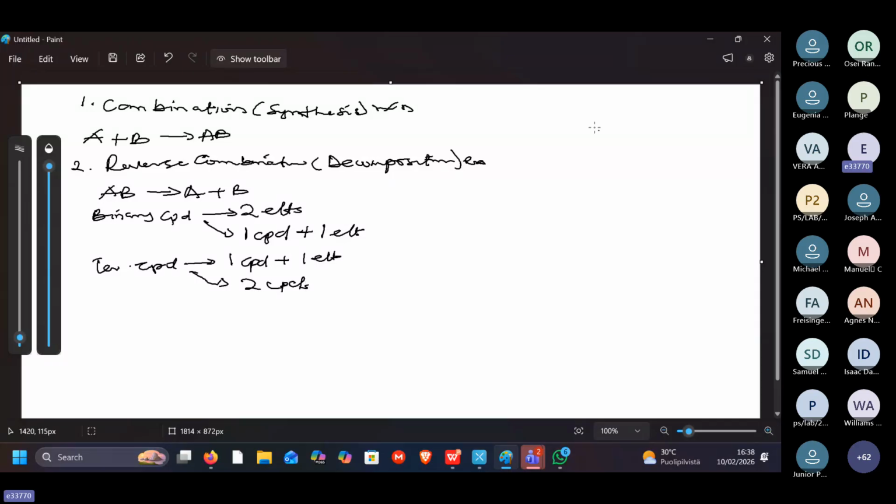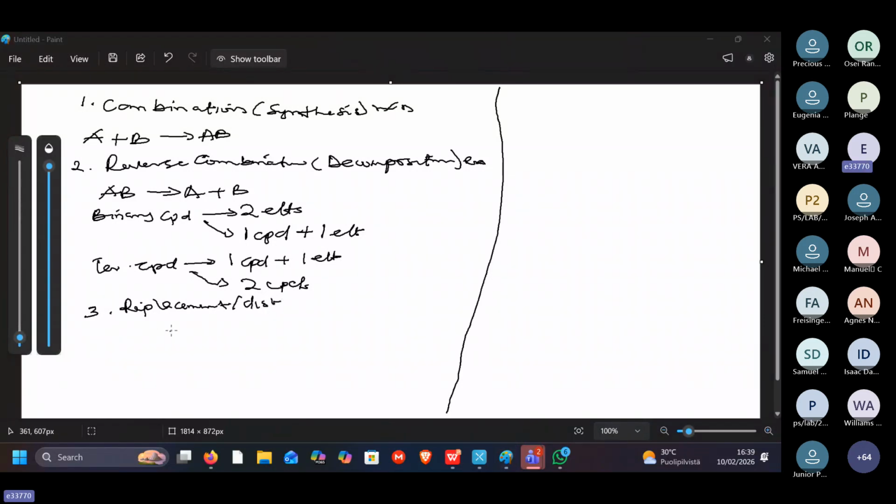Then, of course, we also mentioned substitution reactions, or what we call replacement or displacement reactions. So replacement, displacement, substitution reactions.